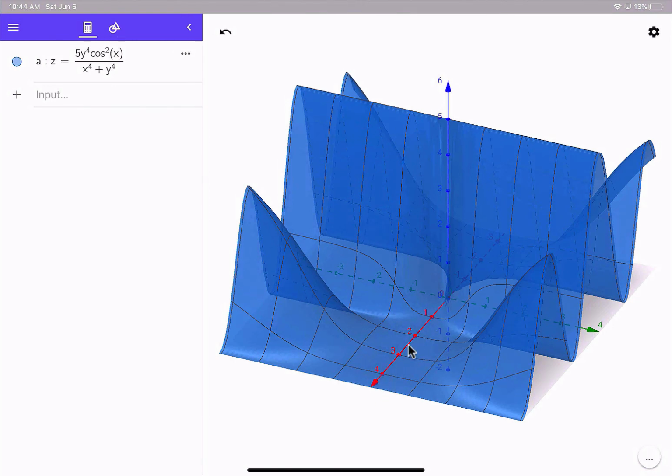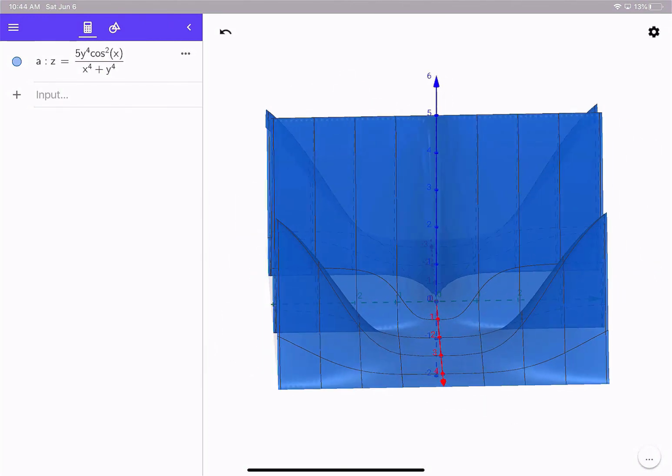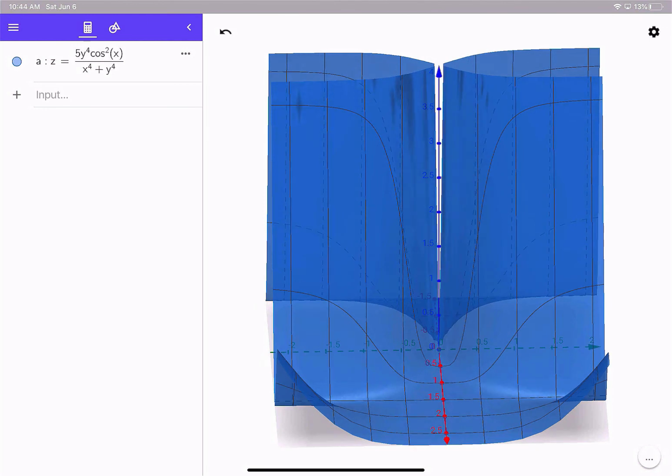Along the x-axis, the function value is 0. Those in and of themselves aren't really a problem. And it's difficult to see what's going on with this function from this view. If I zoom in though, then you can see that there exists a gap around the z-axis.